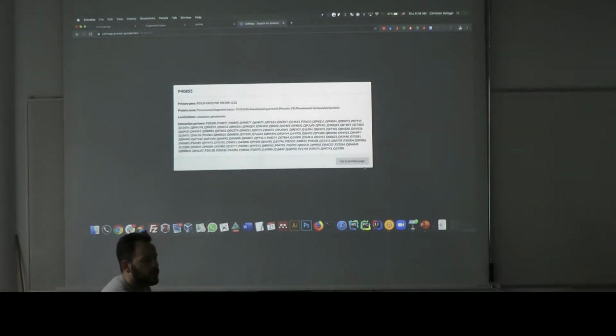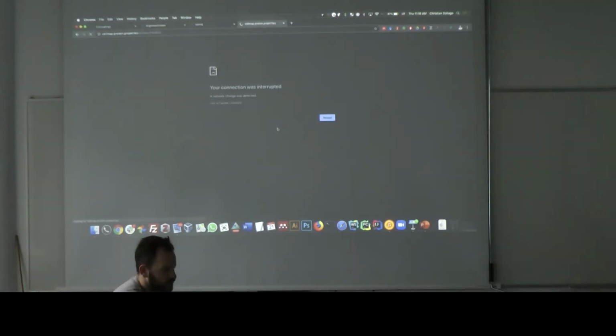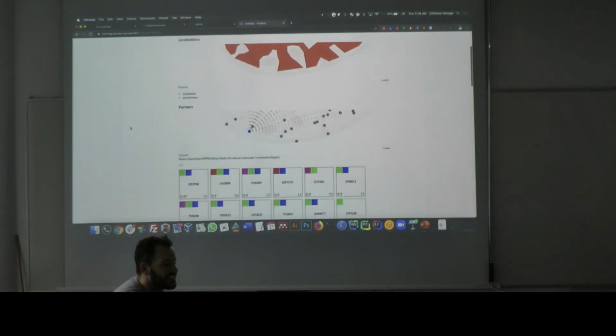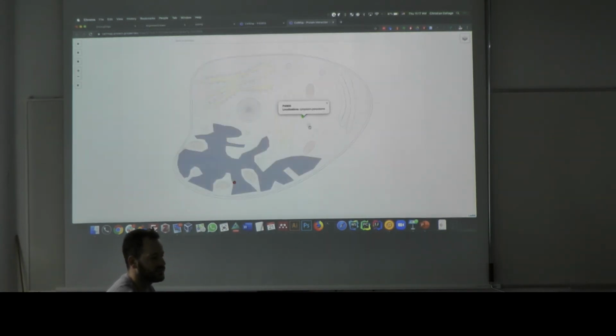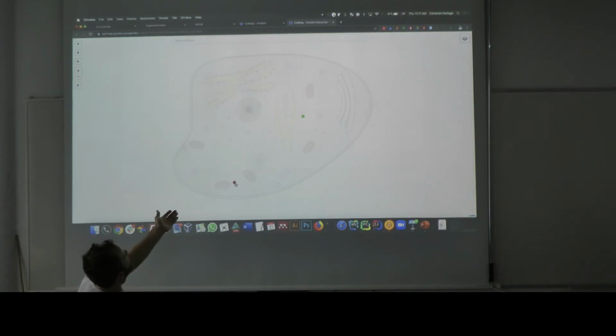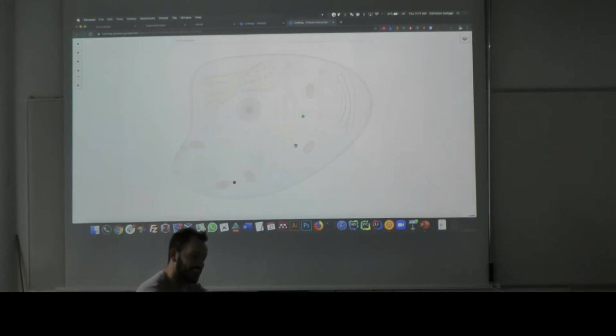Okay, so if I now seriously visualize this here, I can hopefully see the thing that I was trying to show you earlier, which is where the protein is located. Ooh, it's located in the cytoplasm and the peroxisome. I hate this word. So yeah, you can see it's located there. It's useful. It's easy to understand. You don't need to explain to people where things are. You can just see it.